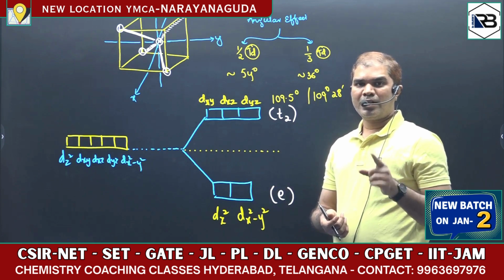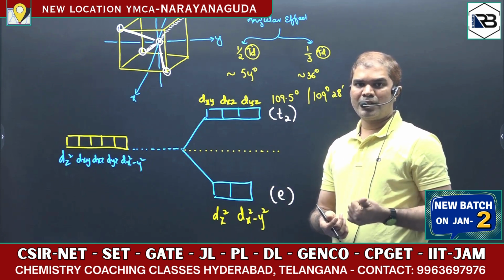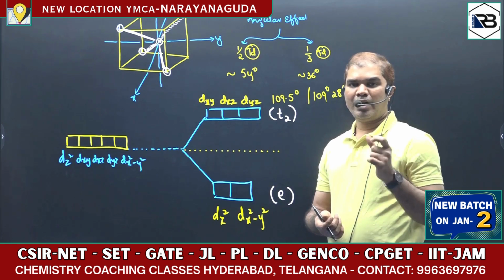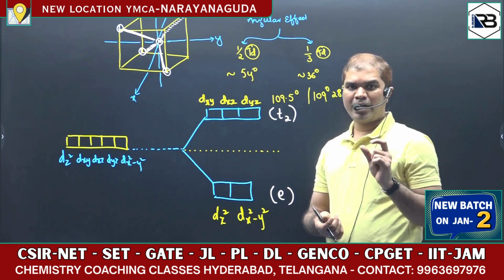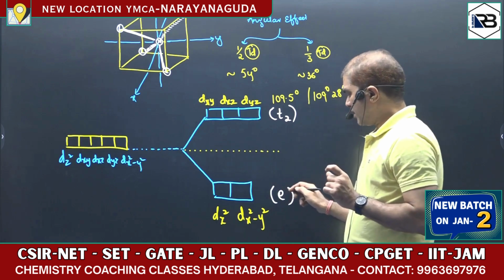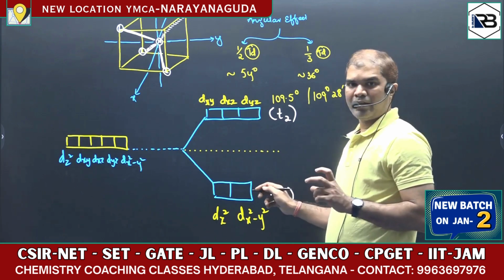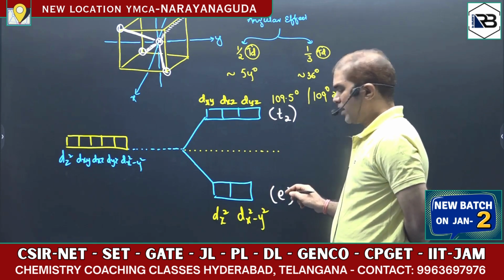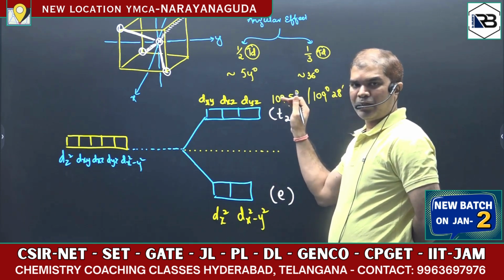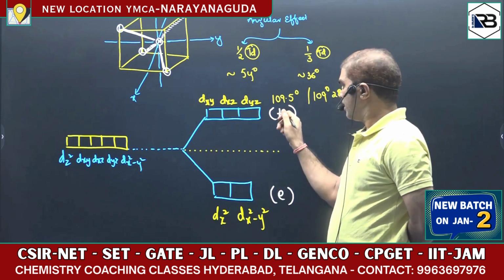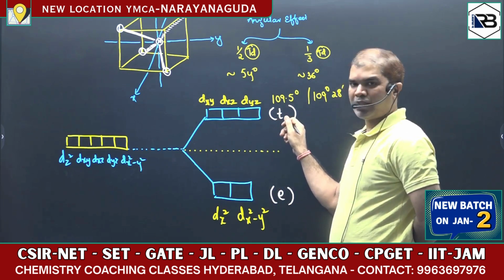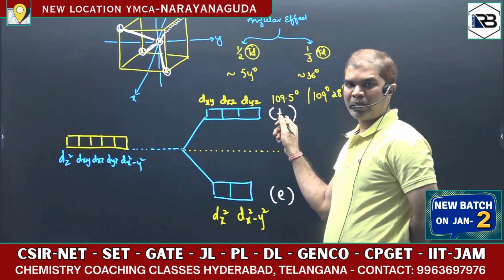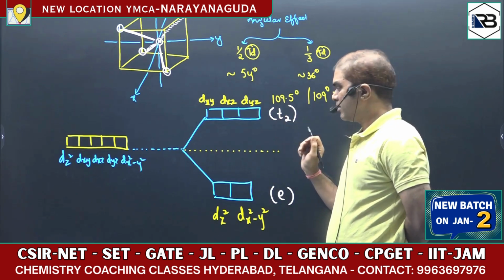Octahedral geometry has a center of inversion and d orbitals also have it, therefore we end the label with g, the parity. Whereas in tetrahedral, the geometry itself does not contain inversion, so we should not end with g. Simply we leave it as E and T2. E means double degeneracy, T is triple degeneracy. The 2 is with respect to the absence of a vertical plane or a secondary axis.